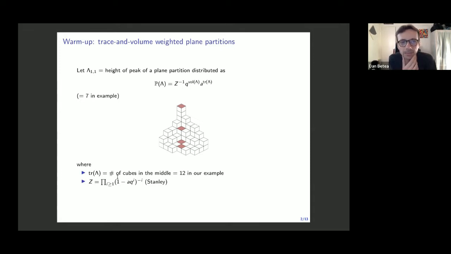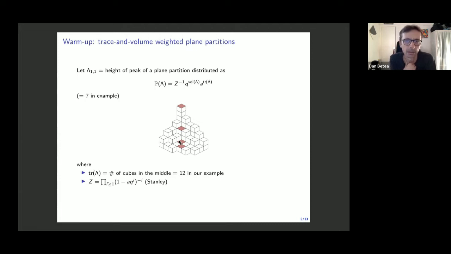It has many other things, but the trace is the number of cubes in the middle. So if you write the plane partition as a height function, this would be the trace, as in the trace of an actual matrix. The trace is just the number of cubes under the red tops. So it's equal to 12 here.